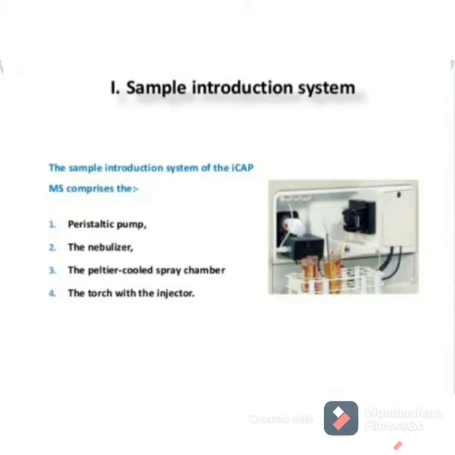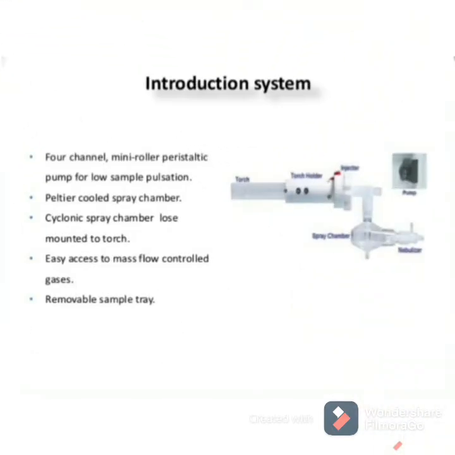The introduction system has a 4-channel mini roller peristaltic pump for low sample pulsation, a Peltier cooled cyclonic spray chamber, a torch mounted for easy access to mass flow controlled gases, and removal of a spray tray.